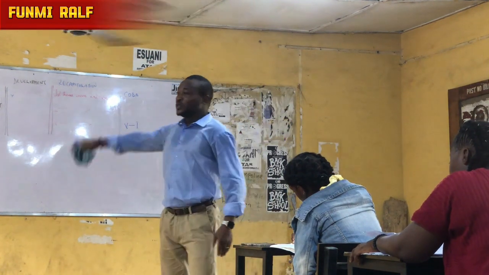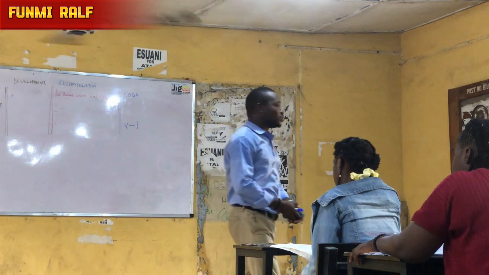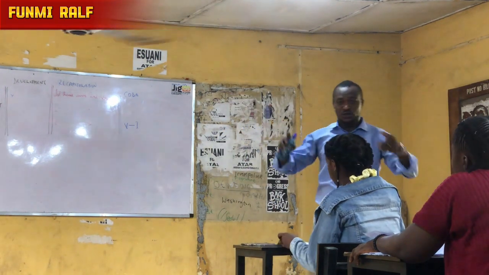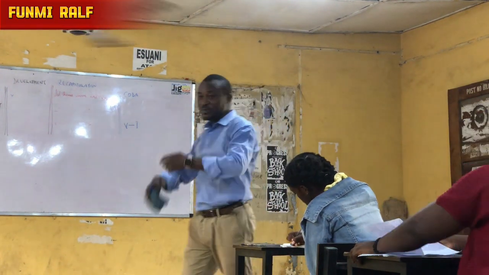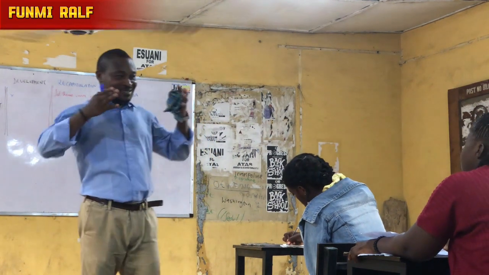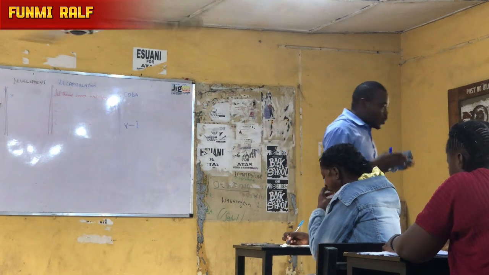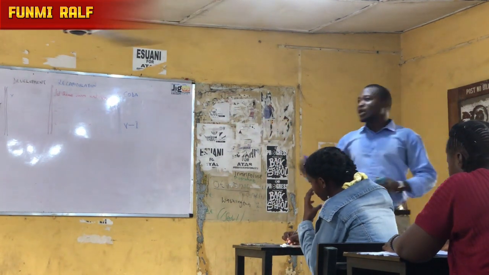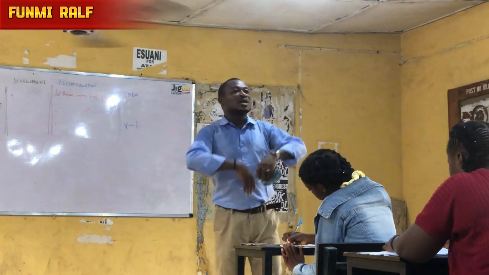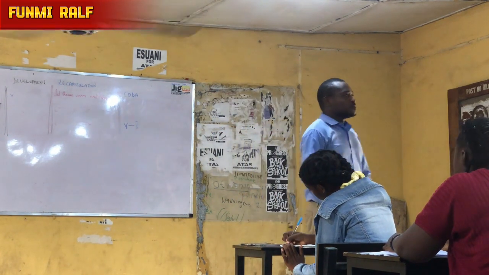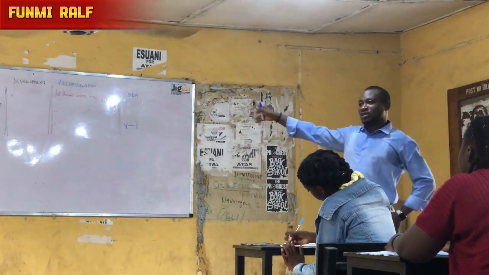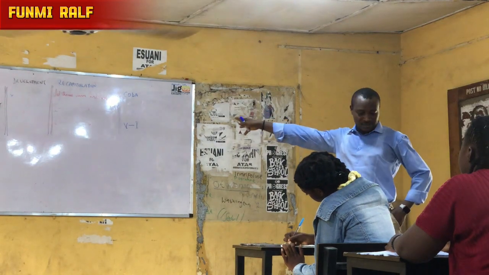But then there's a need for us to move away from just knowing that it's exposition, development, and then recapitulation. And then let's get to know what's really happening. You know, what is in exposition, what do we have in development, and then what's happening in recapitulation. Now the diagram is just a guide.